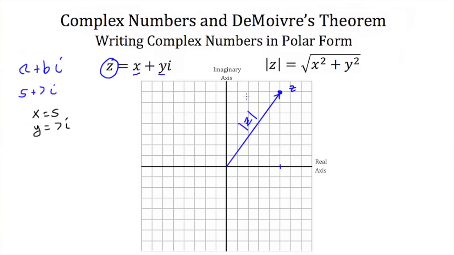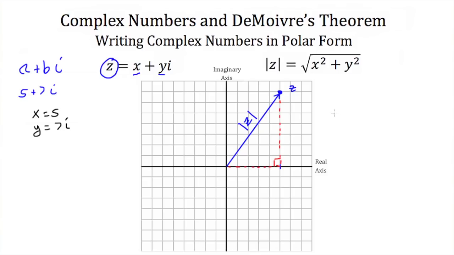Now, if I want to find the absolute value of z, I can think of this kind of like a triangle. And then I can use the distance formula, or I can use Pythagorean's theorem, because this is a right triangle.